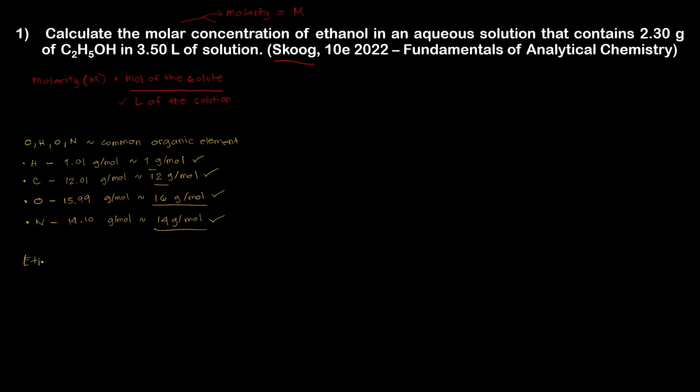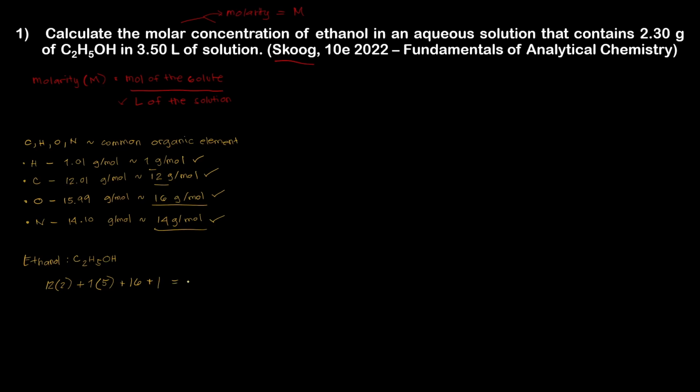So ethanol is C2H5OH. So there are 2 carbons. We have 12 grams per mole for carbon times 2, plus 5 hydrogens, 1 gram per mole times 5, then 1 oxygen, which is 16, plus another 1 from hydrogen.